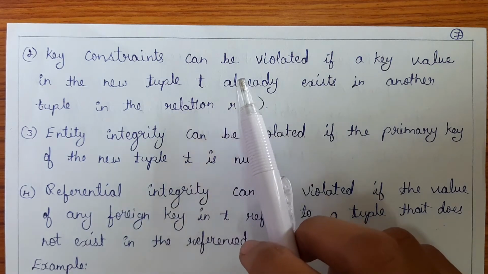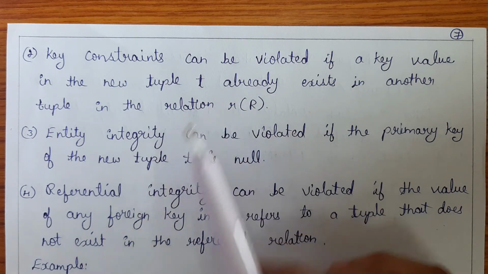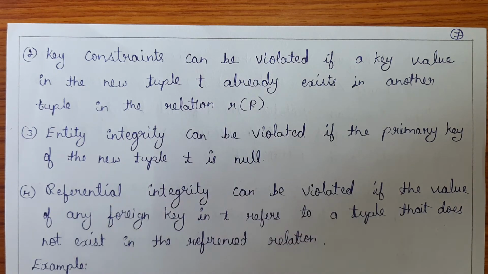It will not take the value because it already exists in the table. Take employee ID as an example. If the employee ID is already present and you try to give the same employee ID again, it is going to violate the key constraints.